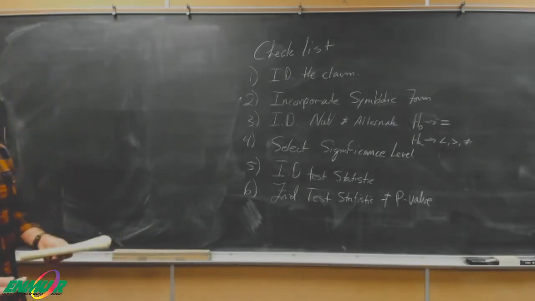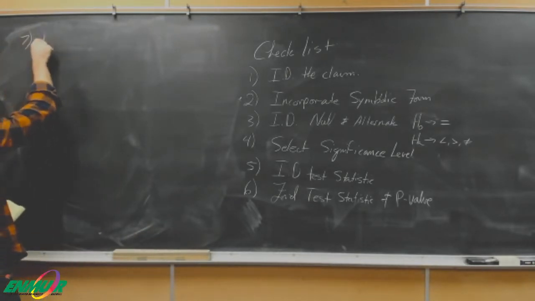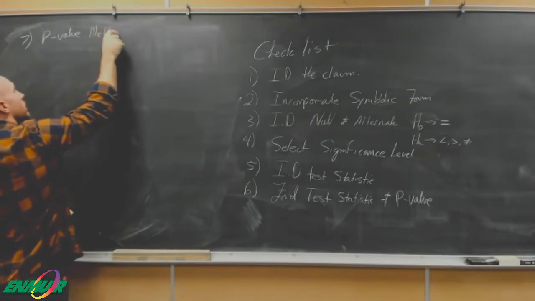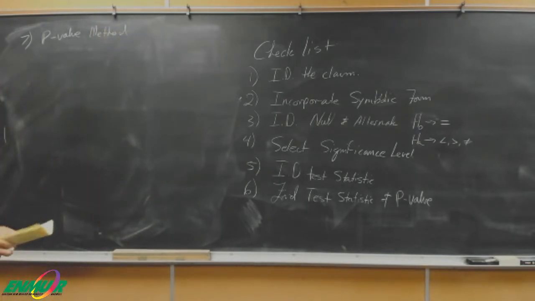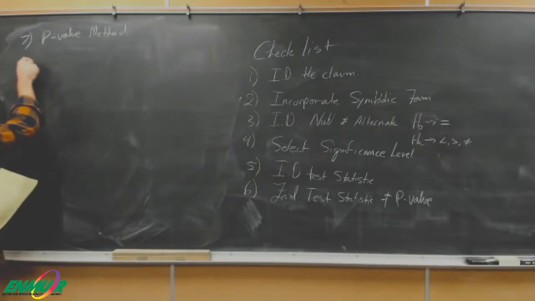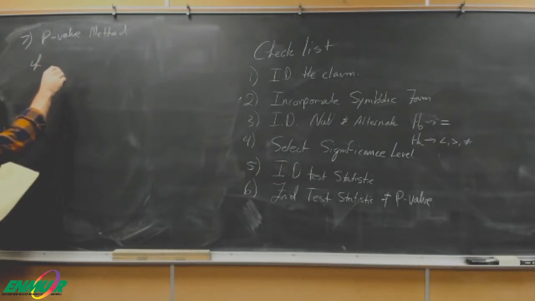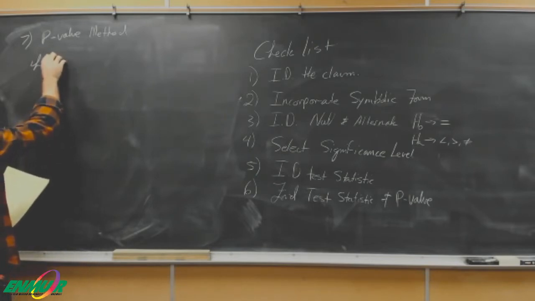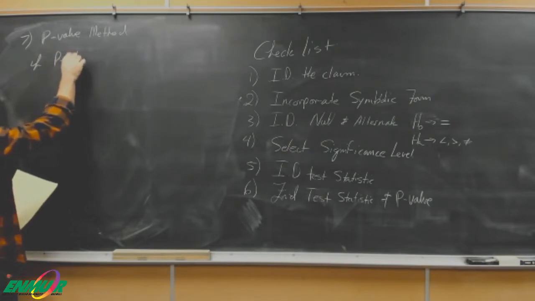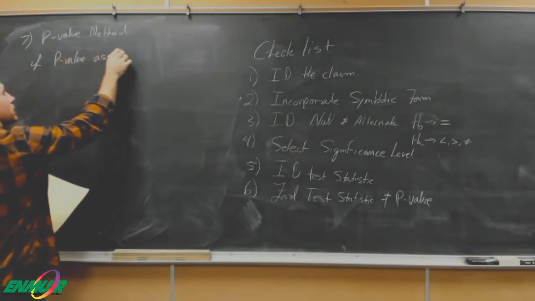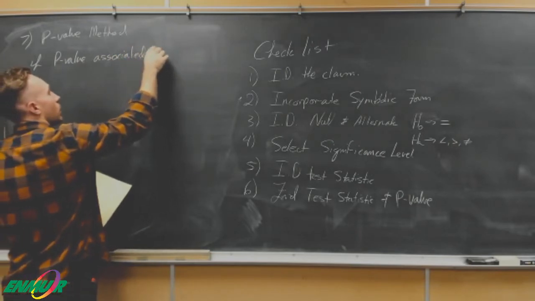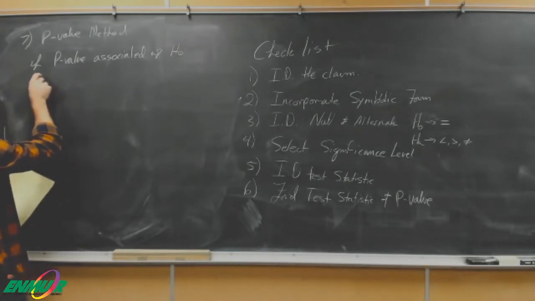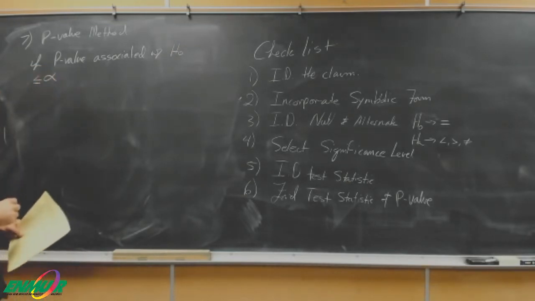So let's say, okay, for step 7, let's look at the p-value. What we'll say is the method, the p-value method. Okay, if the p-value associated with H naught is less than or equal to alpha, okay?